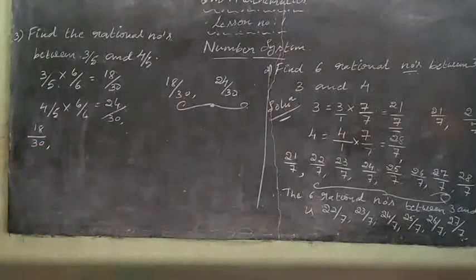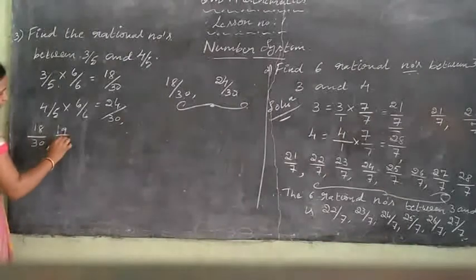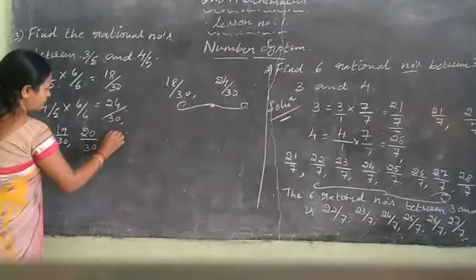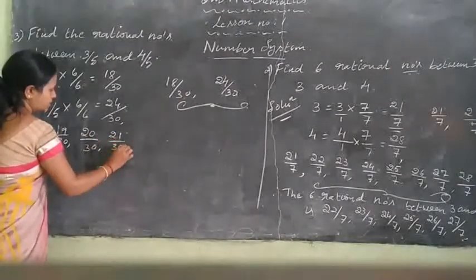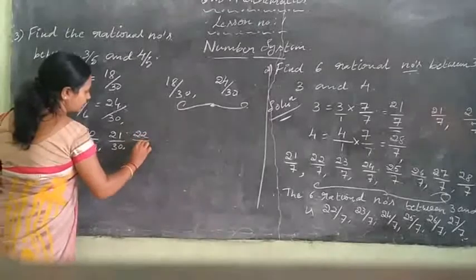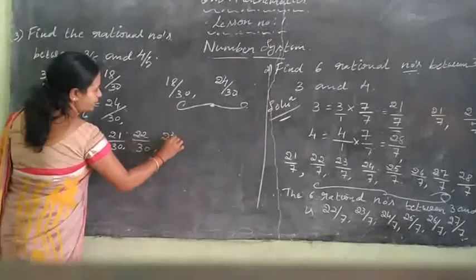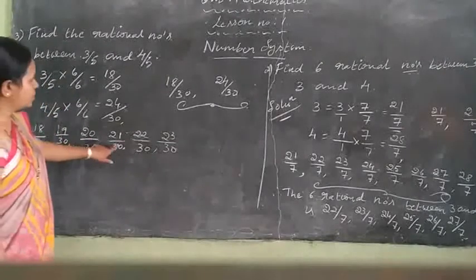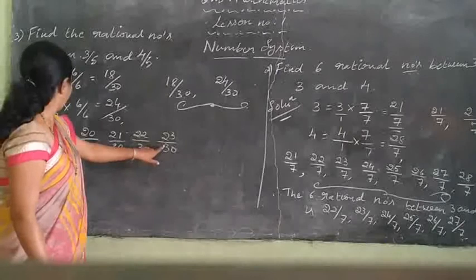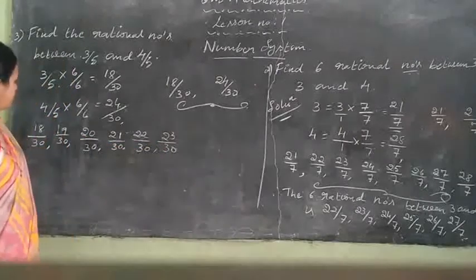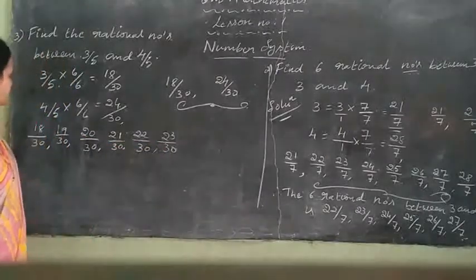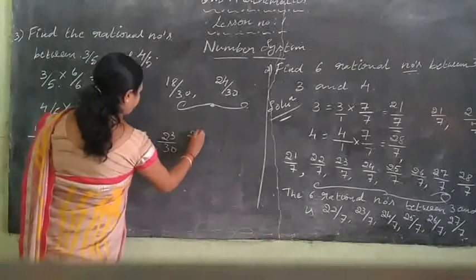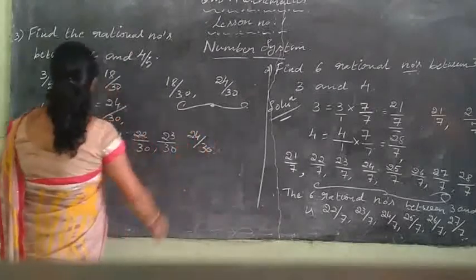Now the next numbers: 19 by 30, 20 by 30, 21 by 30, 22 by 30, 23 by 30. How many numbers, children? 1, 2, 3, 4, 5, 6. The last number is 24 by 30.